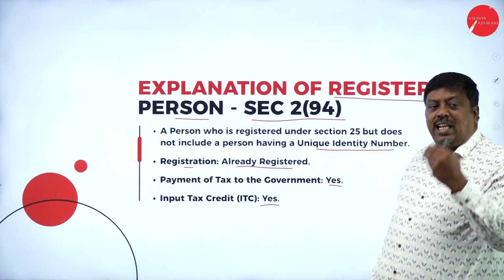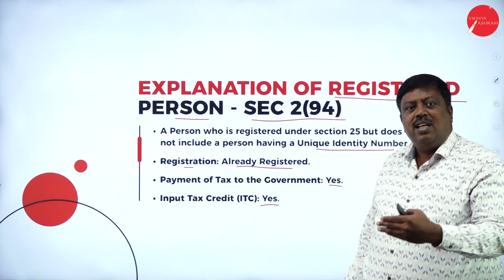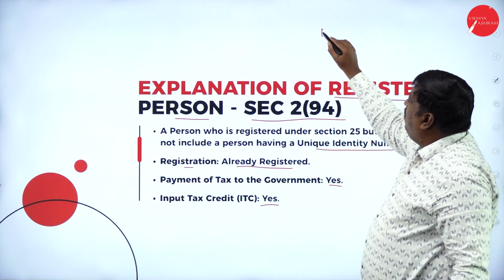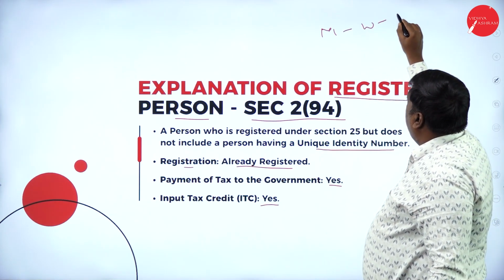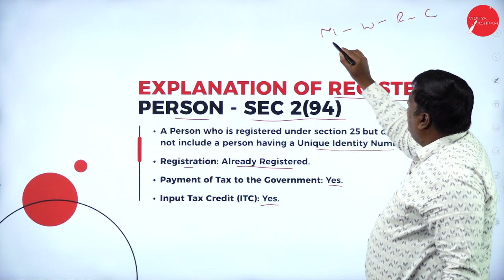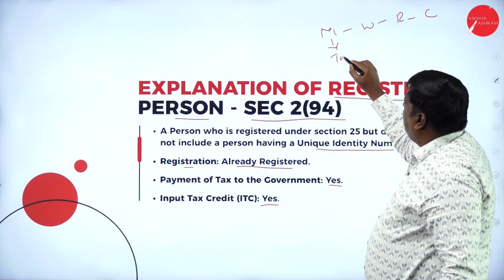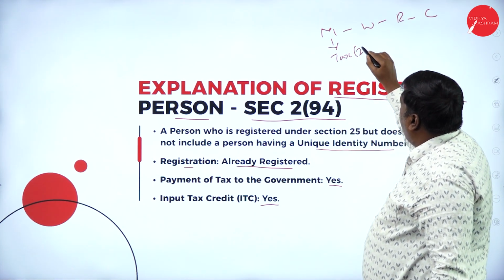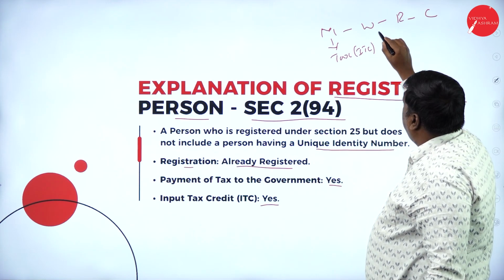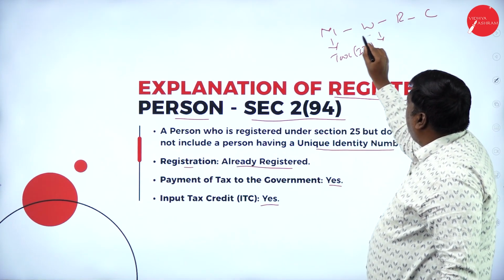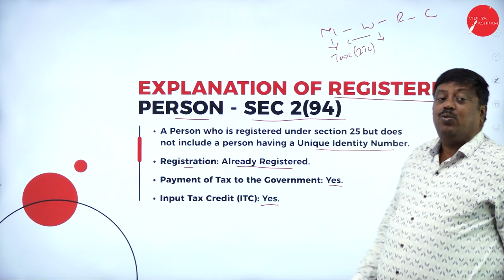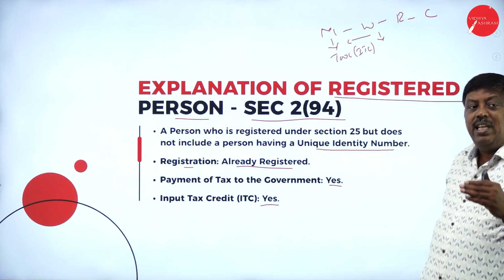Whenever he collects the tax from the next person, for example, manufacturer, wholesaler, retailer, consumer. If the manufacturer has paid the tax, he will get the input tax credit. When he collects the tax from the wholesaler, he can keep the tax he has already paid, and the remaining amount he can pay.